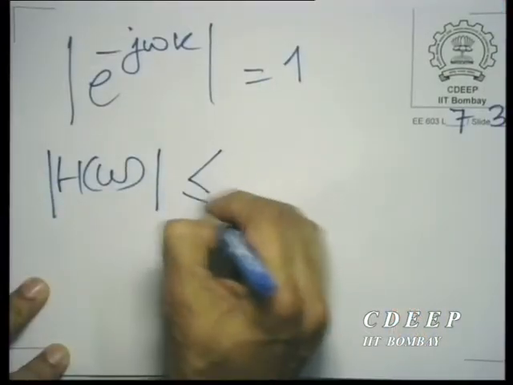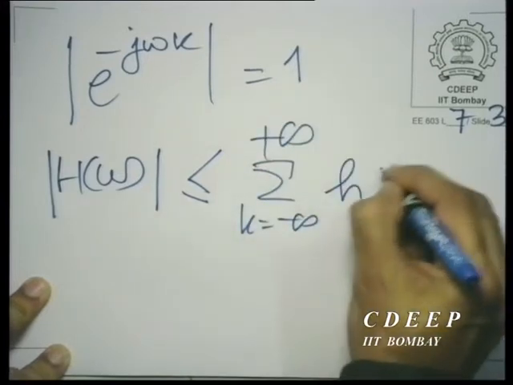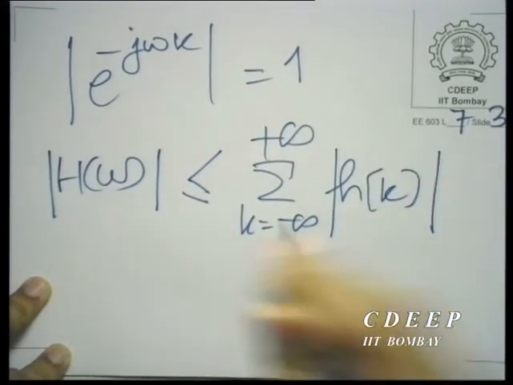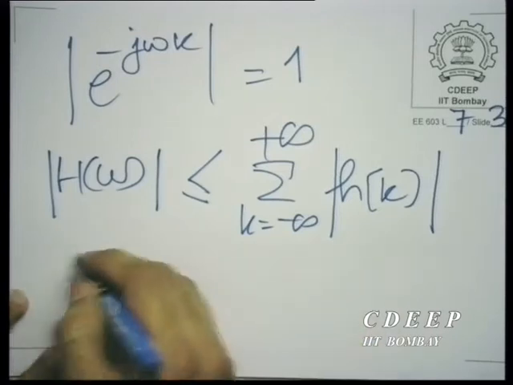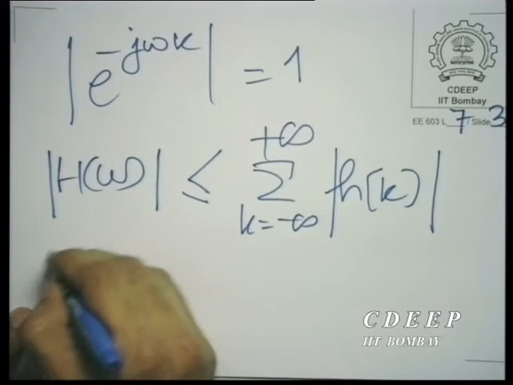But of course, the modulus of e raised to the power minus j omega k is obviously 1, and therefore, the modulus of H of omega is less than or equal to summation k going from minus to plus infinity of mod h[k]. So, what we clearly see is a sufficient condition.